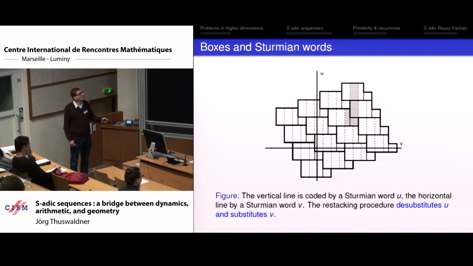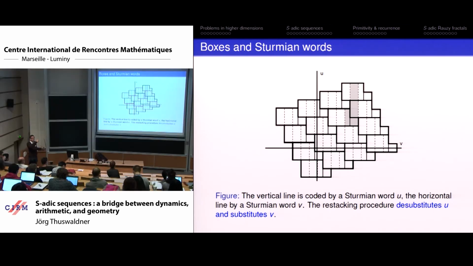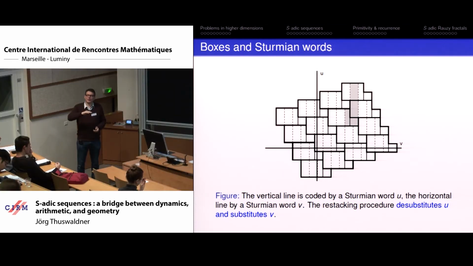Again, if you go up, you produce a Sturmian word, and if you go to the right, you produce a Sturmian word. Since these rectangles here are thinner and longer, if you go up, you hit horizontal lines not so often as before. So you lost something, you desubstituted.